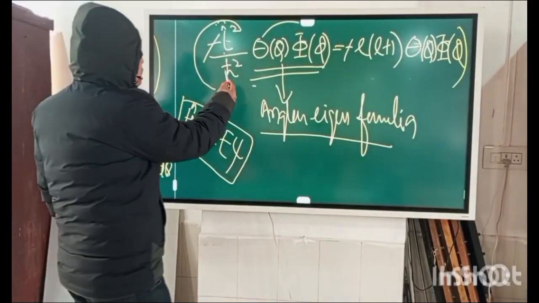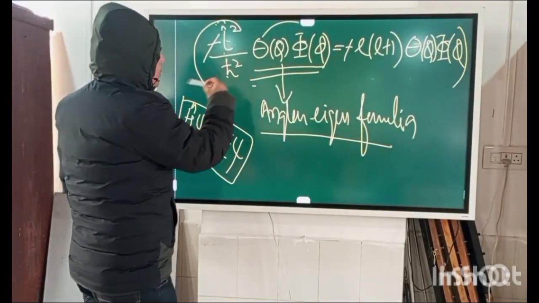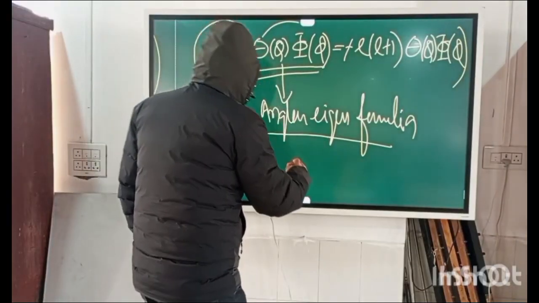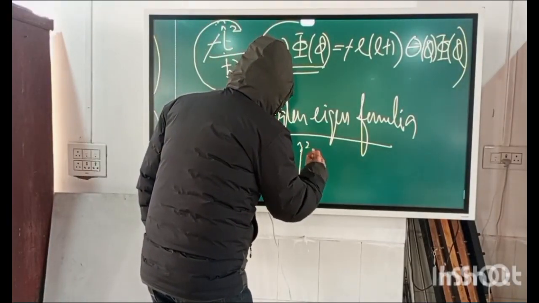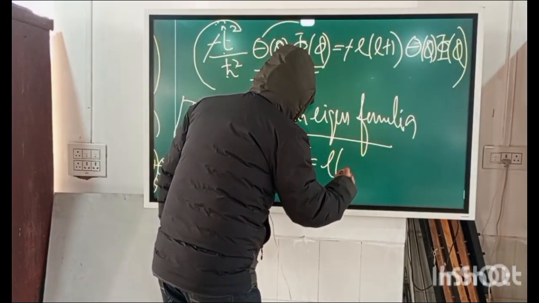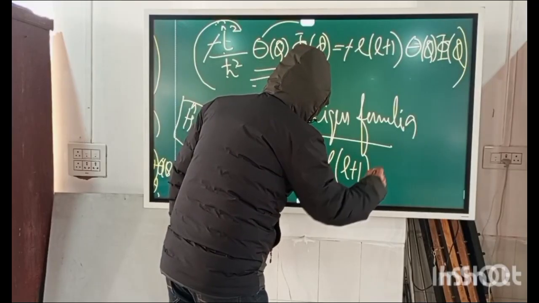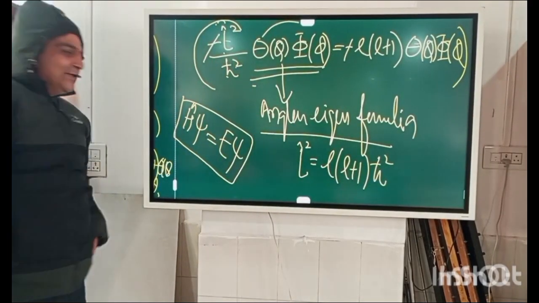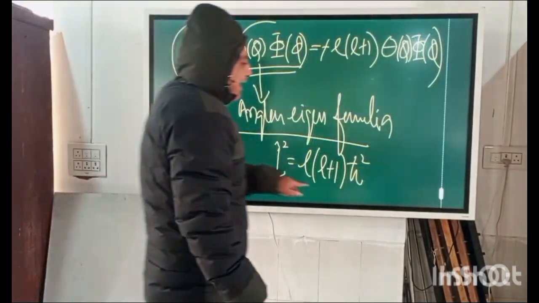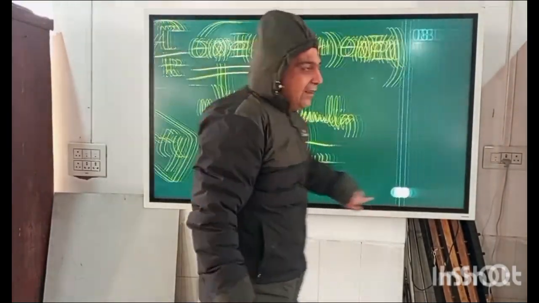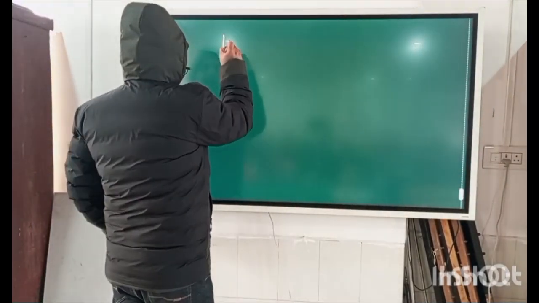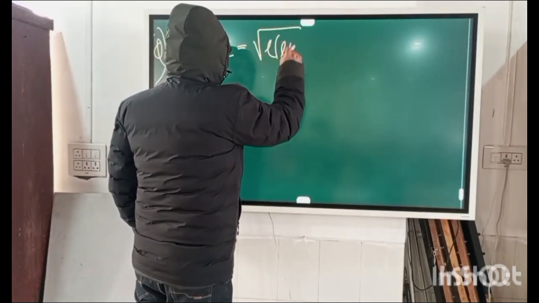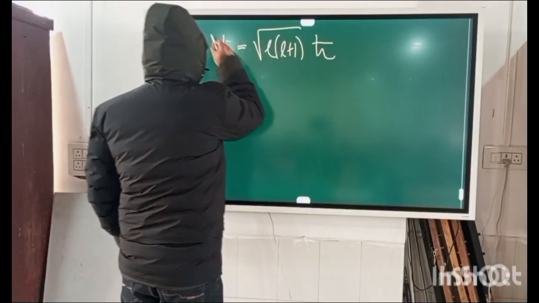And this h bar square will go on the other side, and you can write down that this L square is equal to L times L plus 1 h bar square. So what will be the value of L? L will be under root of L into L plus 1 times h bar.